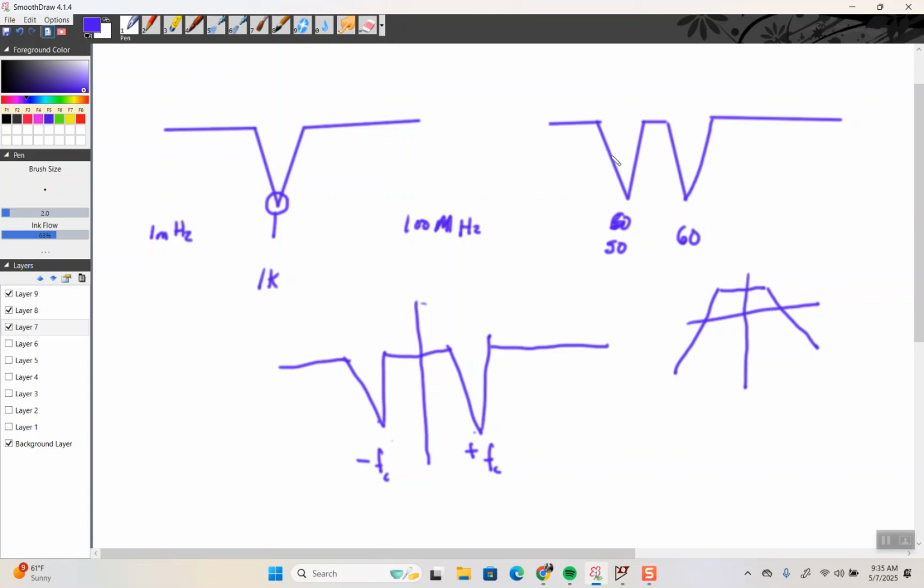So it's kind of like a band notch. Or maybe it's a band pass, but you control the gain of it. So that's a whole other ball of fish.